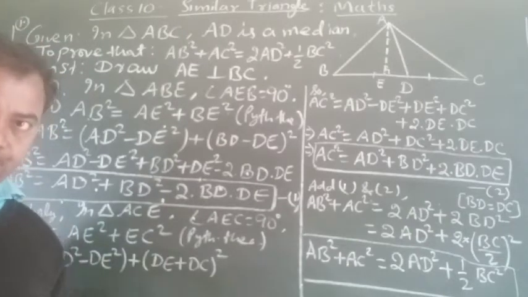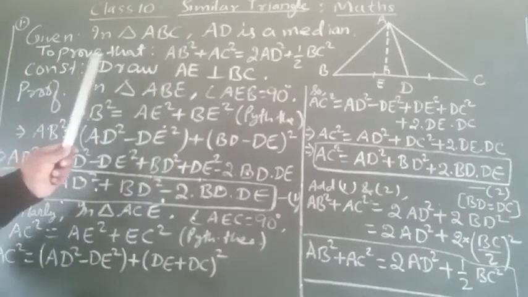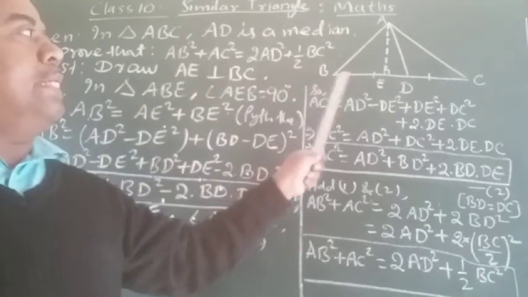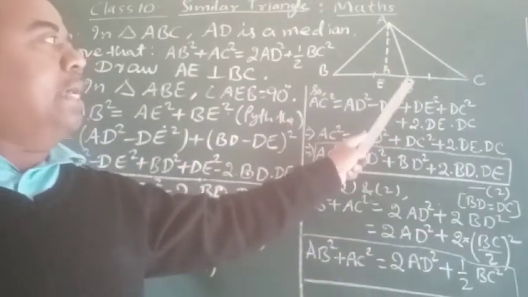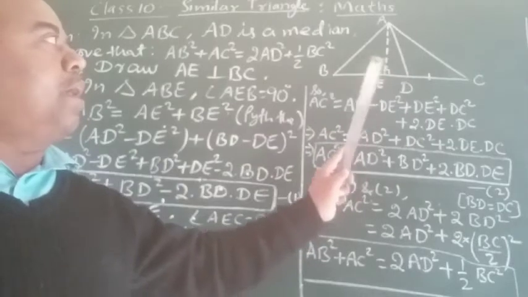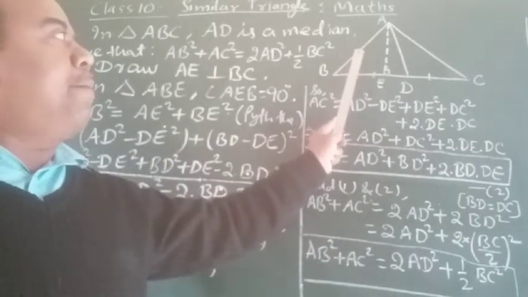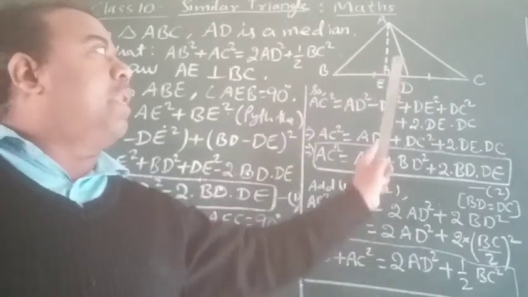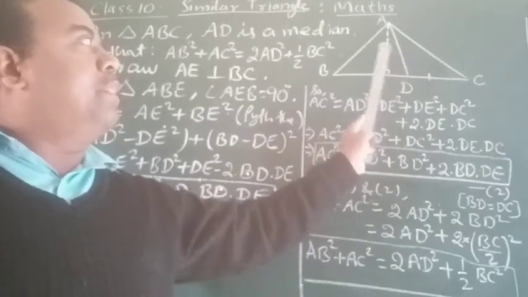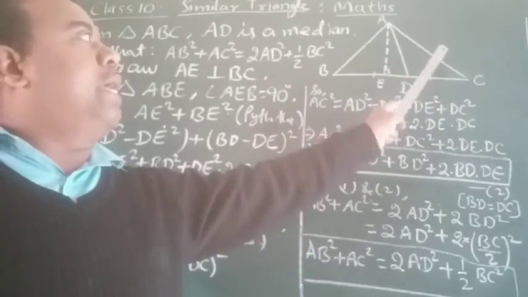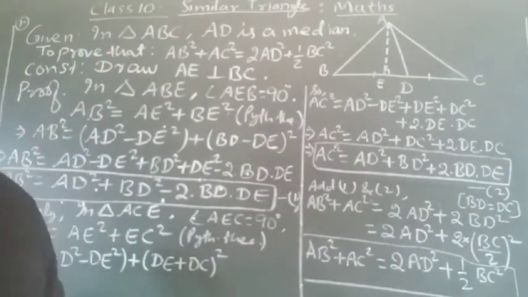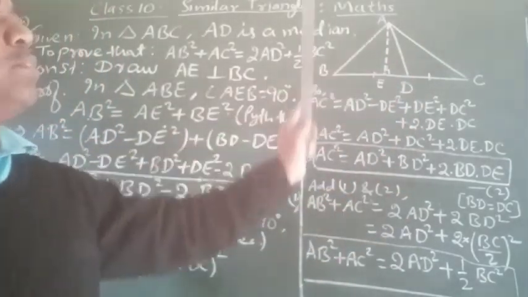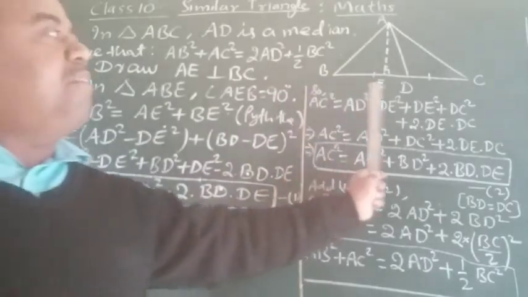Now, look at this. ABC is a triangle. AD is a median. We have to prove that AB square plus AC square equals 2 into AD square plus half into BC square.